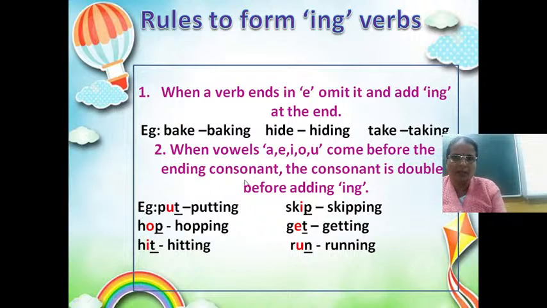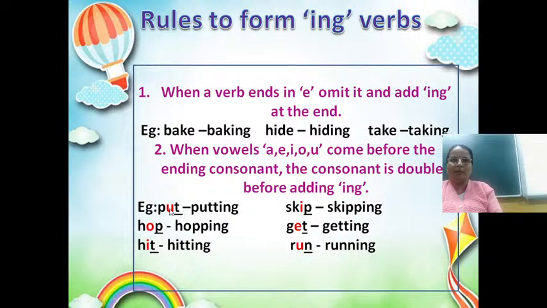They are A, E, I, O, U. So, if any vowel comes as the second last letter, and after that the last letter is a consonant, then before adding ing, we should double the last consonant. So children, if you didn't understand this rule, look at the example.